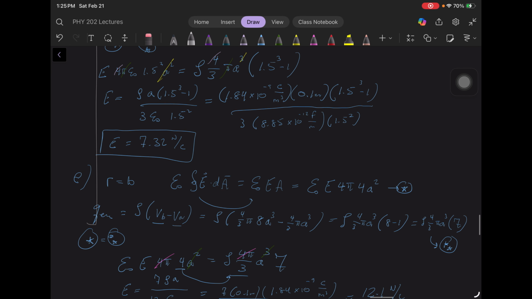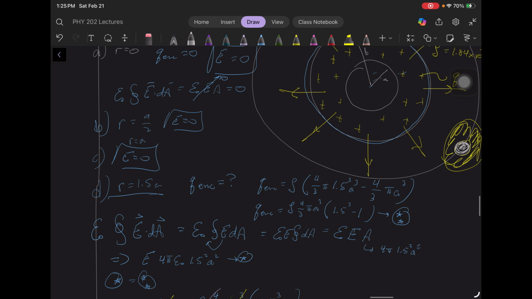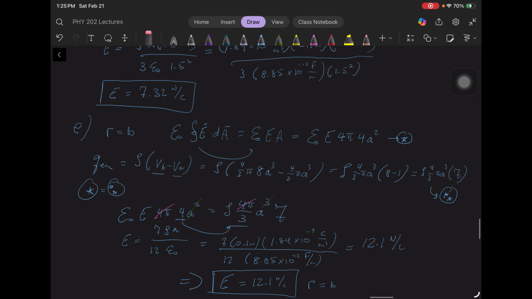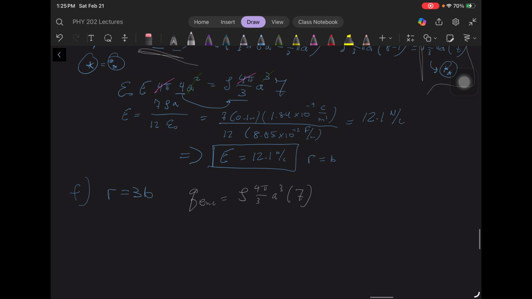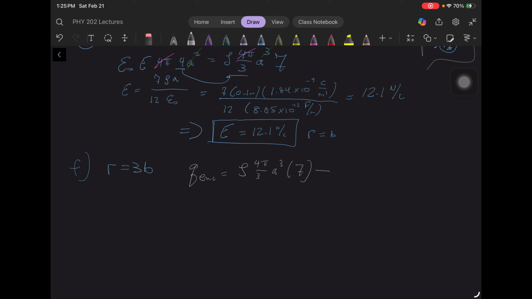That's fun. Wow. Thanks for doing that. And so if we look at this, it's still the total charge, so we can just jump straight to this if we want. And so it's going to be equal to rho times that 4 pi over 3 a cubed, and then our 7 is still there. Okay, and we'll call this equation double star still.